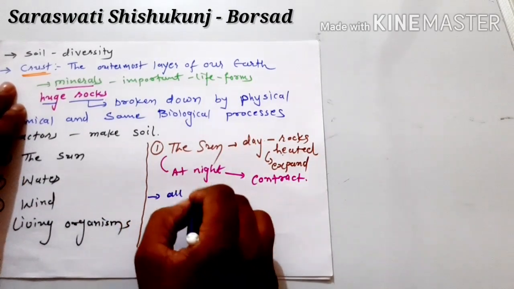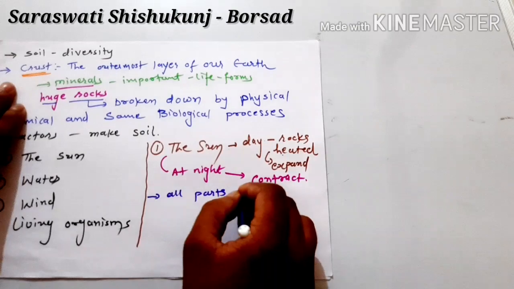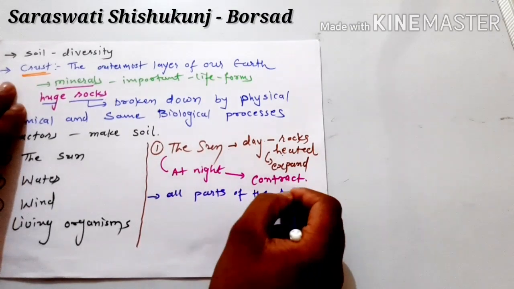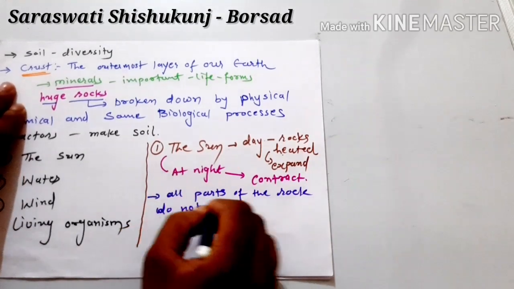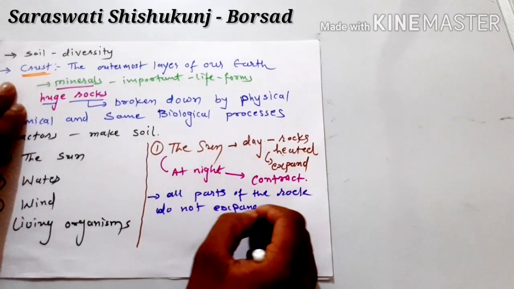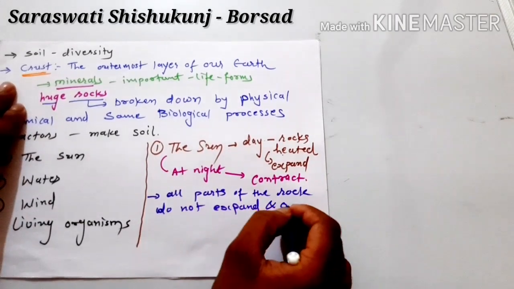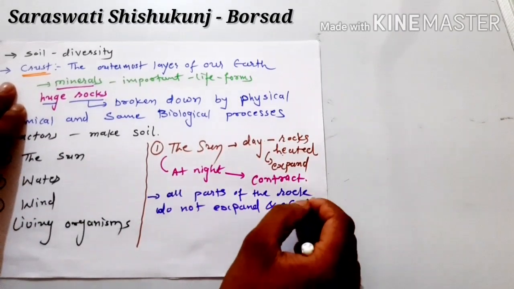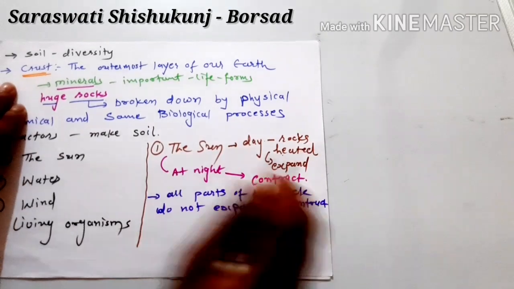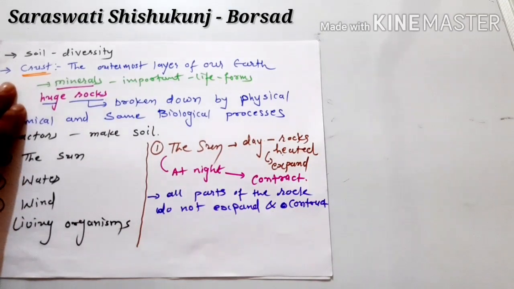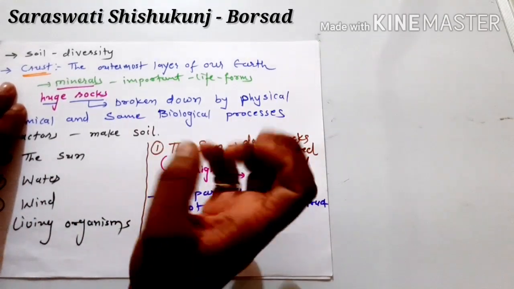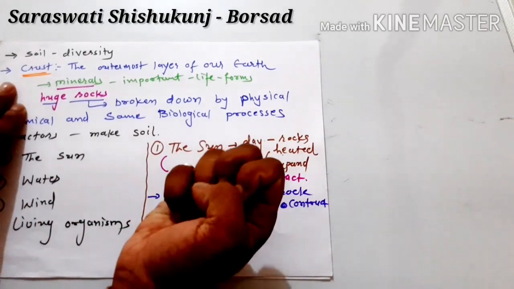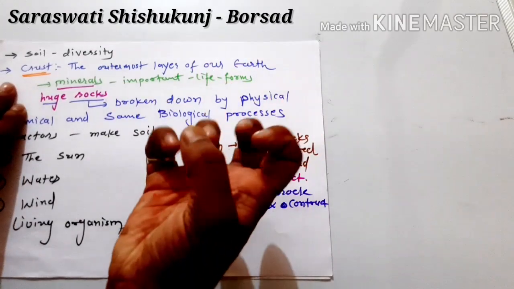So all parts of the rock do not expand and contract at the same rate, right? So simple. Due to this, what will happen? At daytime it is going to expand, at night time it is going to contract.